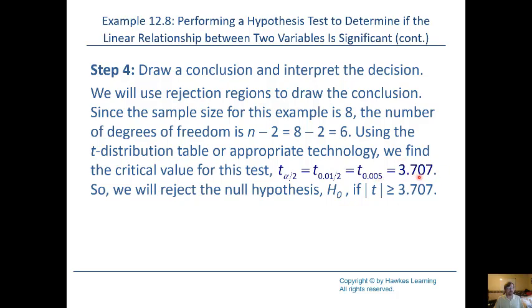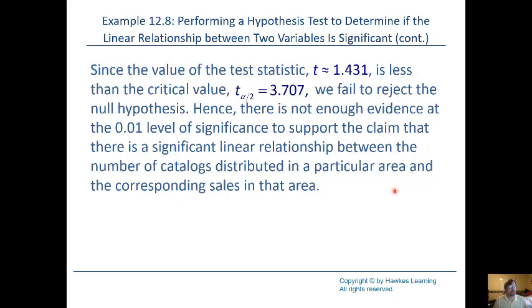We'll reject the null hypothesis if the absolute value of t is greater than 3.707. We had 1.431, so that's less than 3.707, and so we cannot reject the null hypothesis. There's not enough evidence to claim that there's a significant linear relationship between catalog distribution and sales in an area.